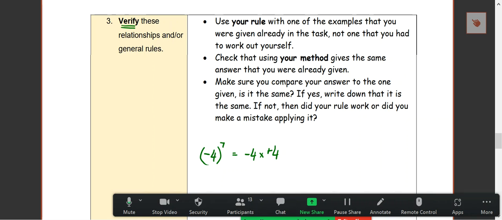Sorry, that says positive, I didn't mean to. -4 multiplied by -4. You picked a big one, but it was your choice. And we wrote that. What did you say the answer was? 16,384. Okay, so what did my rule say?